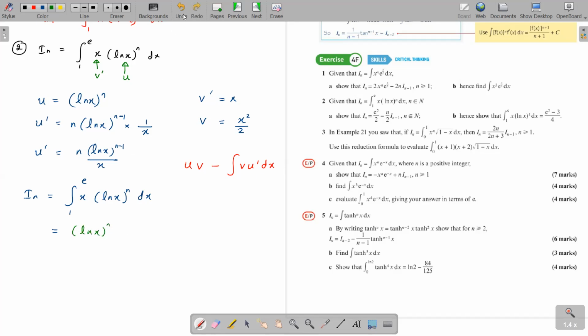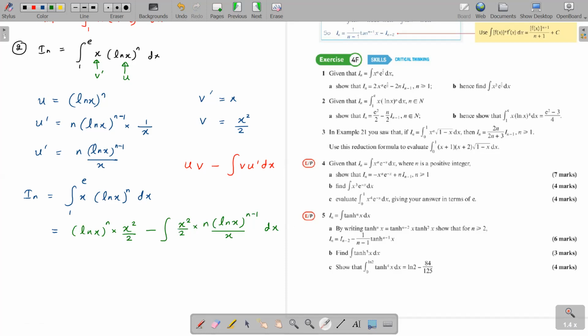Ln x to the power n. uv, v is x square over 2, minus integration, v is x square over 2, u dash is n times ln x to the power n minus 1 over x, with respect to x, dx.